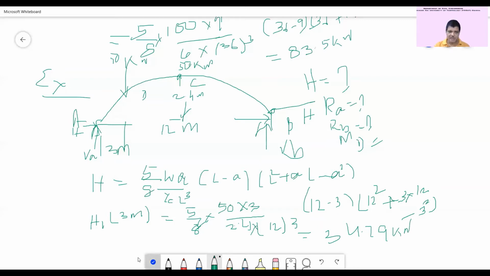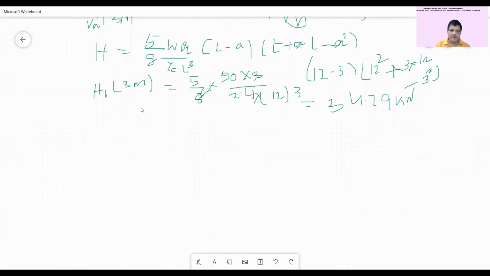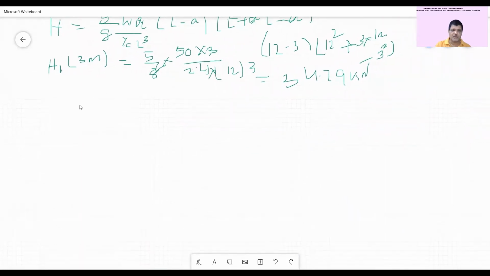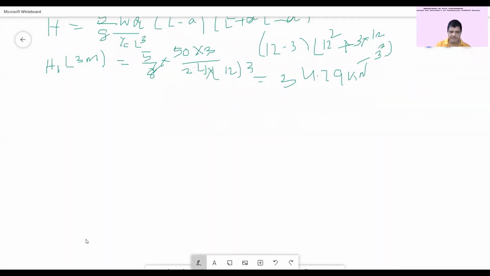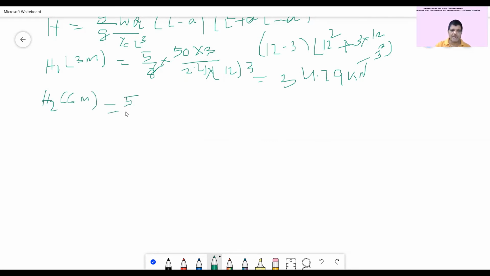Similarly, you can find out the value of H2. H2 can take at a distance 6 meter. So crown is at 6 meter. So H2 at 6 meter. The same equation I will put. So 5 by 8 into 50 into A will come 6, right?